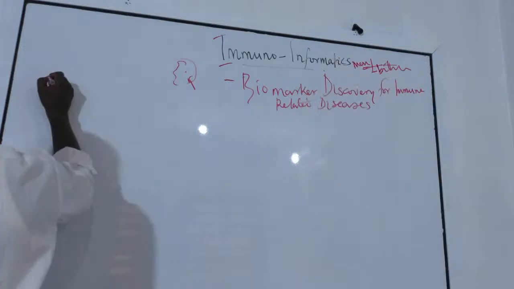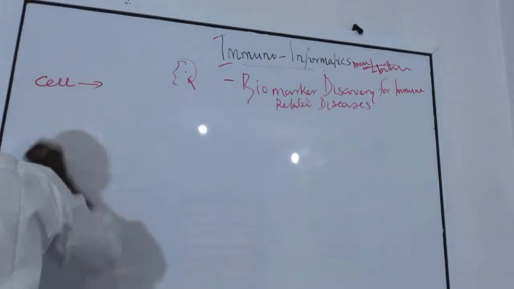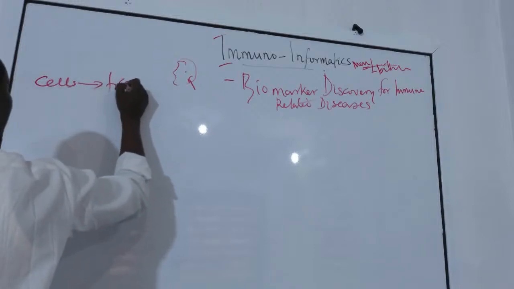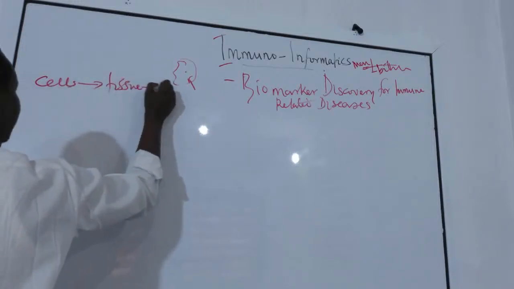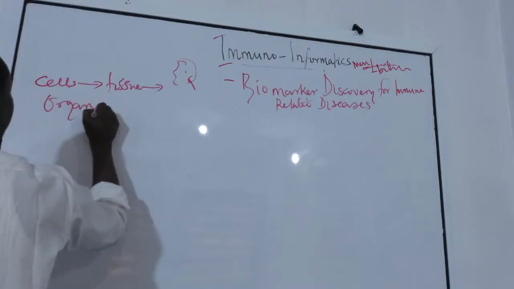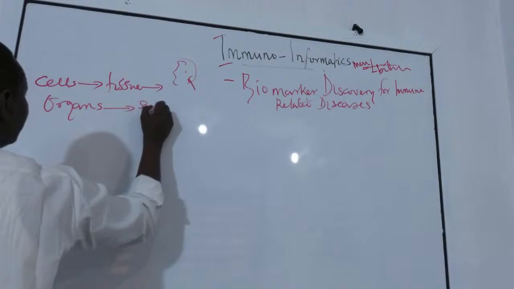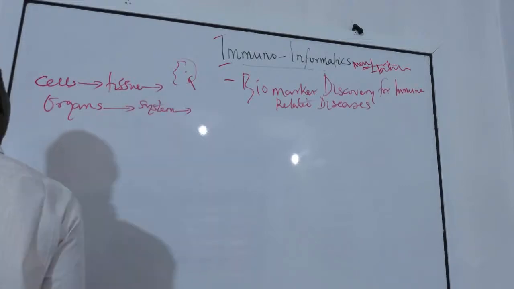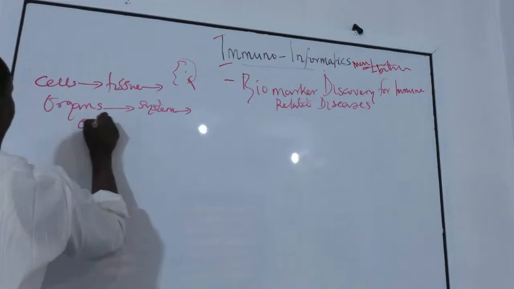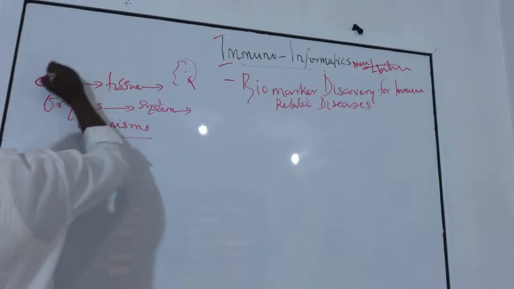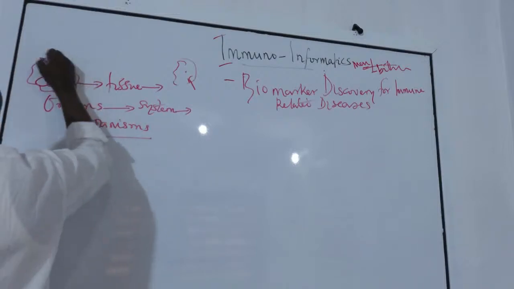Don't forget, from our elementary biology, we know that aggregation of cells will give us tissue, aggregation of tissues will give us organs, aggregation of organs will give us a system, and a collection of systems will now give us a whole organism.